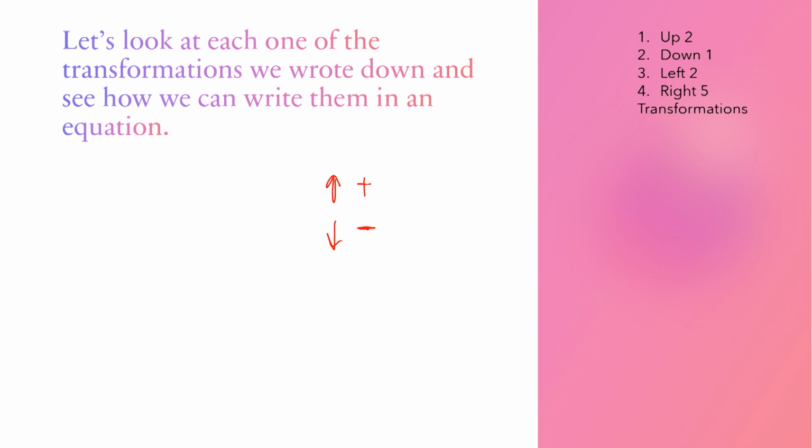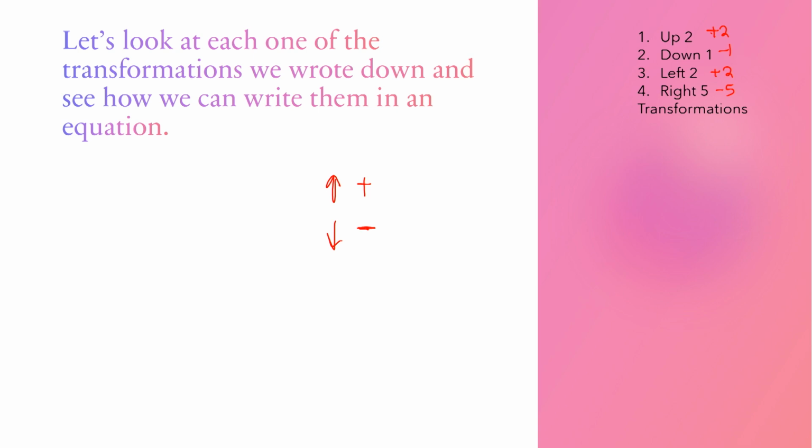But when I go left and right, there's a new way to see this. If I went up, I added 2. If I went down, I subtracted 1. But now going left and right, it's going to be opposite of what you think. If I go to the left, I'm going to add 2. And if I go to the right, I'm going to subtract 5.